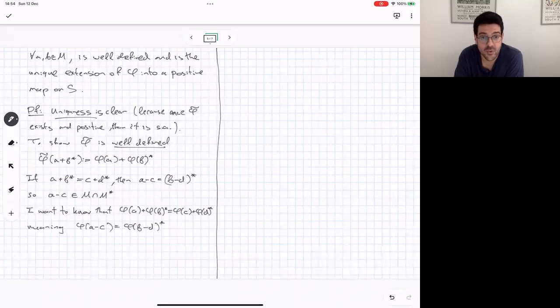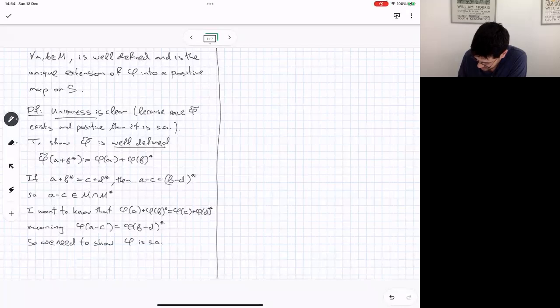This is what I want to show. So what do I really want to show? I really want to show that phi is self-adjoint on M intersection M star, and the only place it can be self-adjoint.